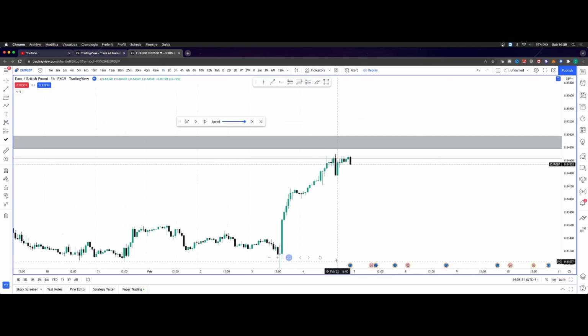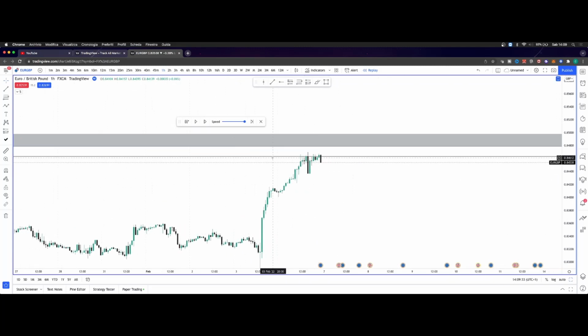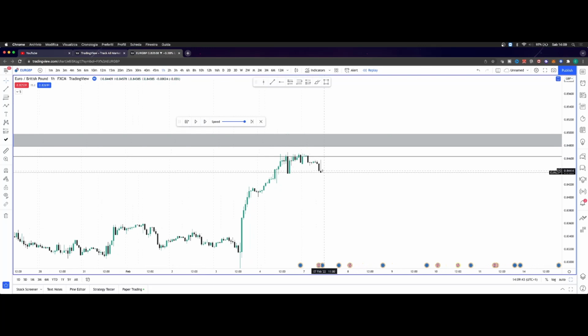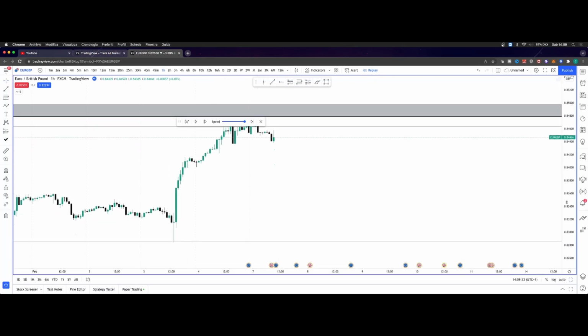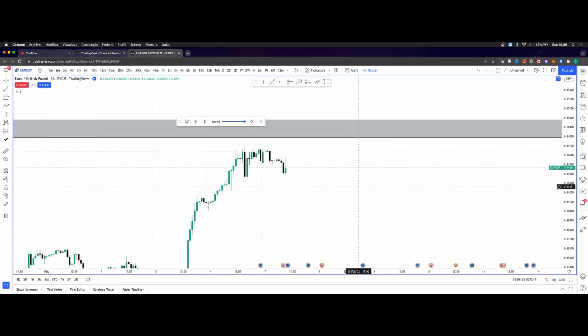Okay, so we are at 10 p.m. for February, so 9 a.m. So this is the London session open. Now we have the price already filled this imbalance, but we have all this liquidity above.